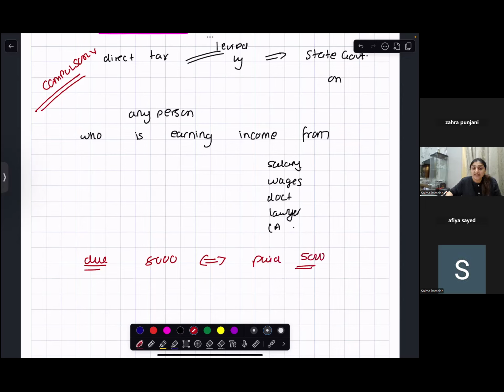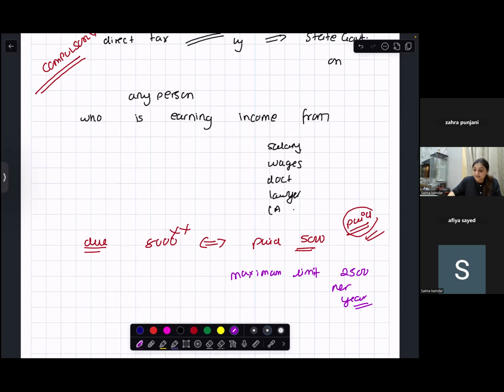The professional tax that will be allowed as deduction will be on the amount that is actually paid, not the due amount, and the maximum limit is 2,500 per year, and this is fixed by the government.